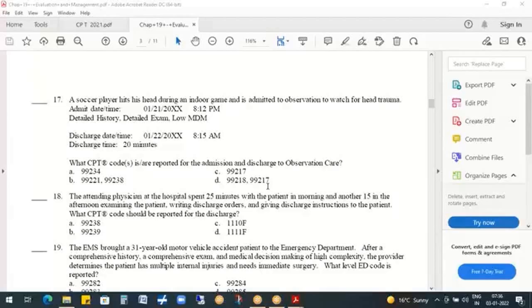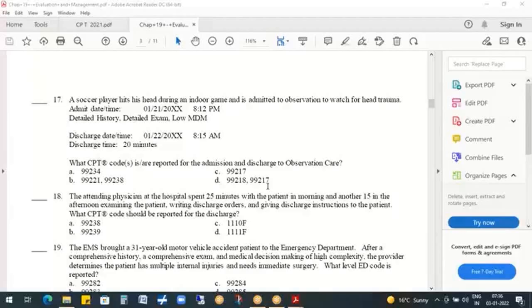Then, same day admission and discharge, or admitted on one day and discharged on another day? Another day. That means no need to look for option A. What are they asking you to code? They are asking you to code admission and discharge. Admission, the code is one code; discharge, the code is another code.